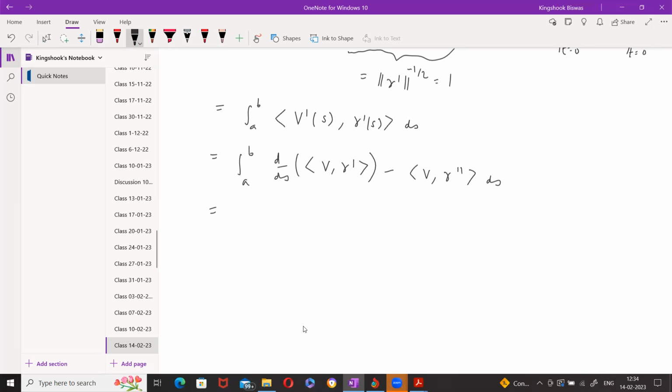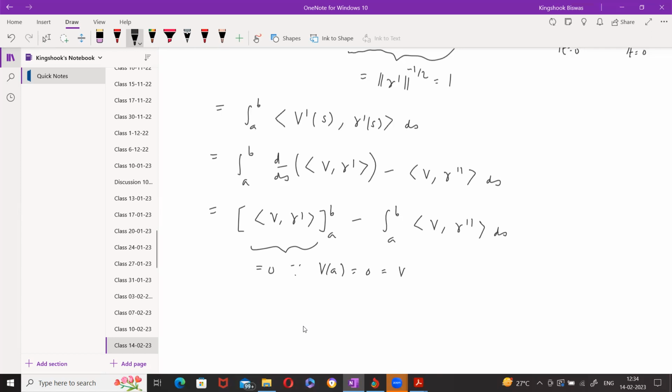Yes, sir. Now, by the fundamental theorem of calculus, the first term is going to be what? It's just going to be V inner product gamma prime evaluated at A and B. And then I'll have minus the integral A to B of V gamma double prime. Okay. But the first term is 0 because V of A and V of B are both 0, right?